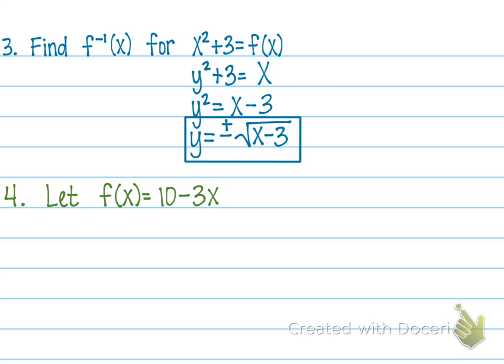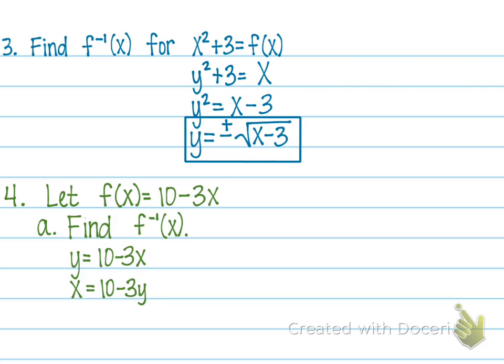Number 4, it says let f of x equal 10 minus 3x. Part A wants us to find the inverse. So we go ahead and change out that f of x for a y. So we have y equals 10 minus 3x. We flip our x and y's, so we have x equals 10 minus 3y.